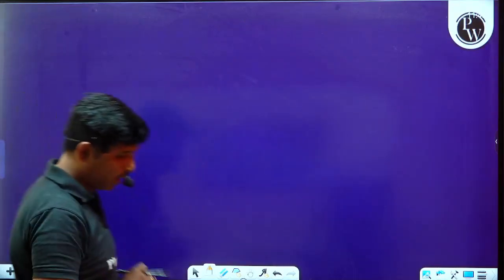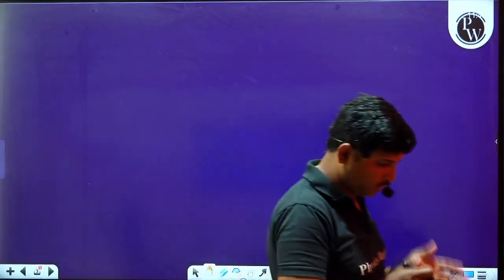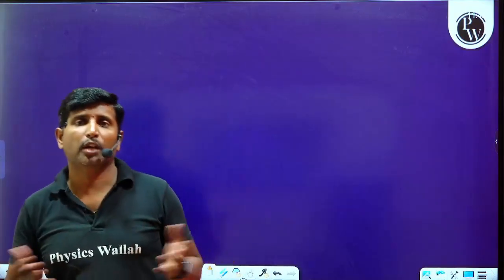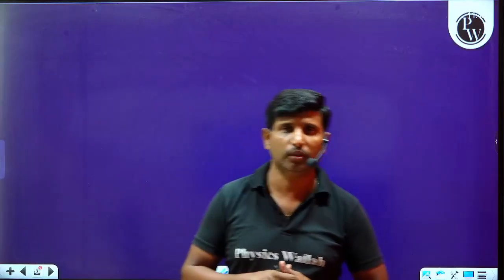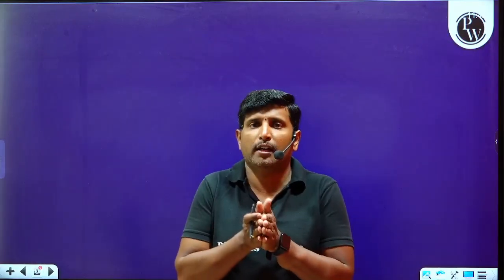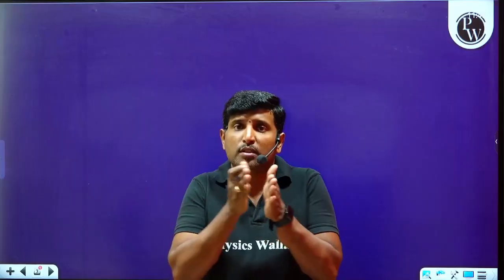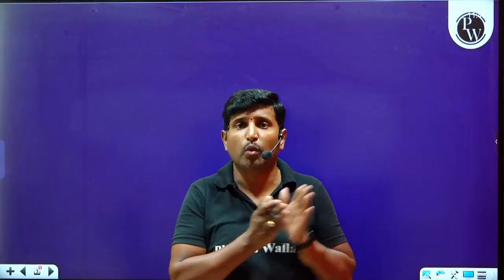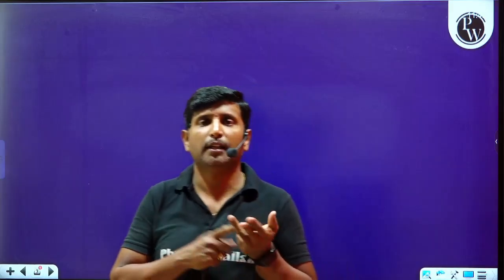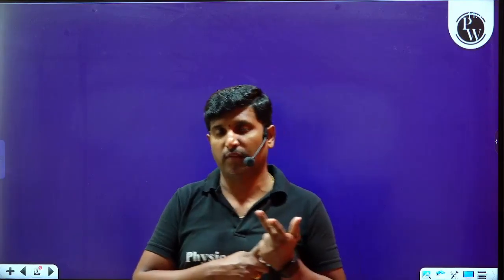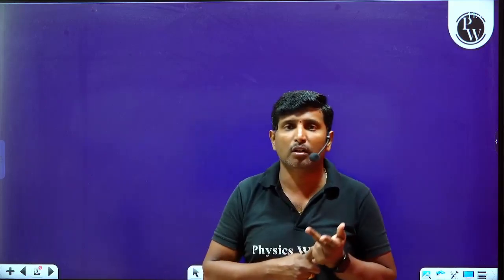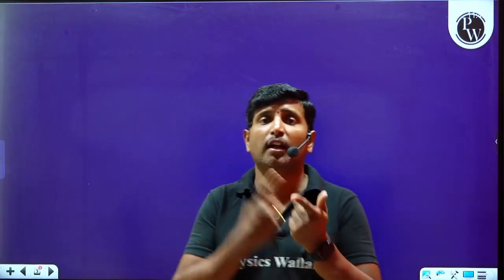One thing we have to be clear on: how can we learn this chapter, ray optics and optical instruments? Usually it is a little bit lengthy chapter. So we have to divide it into subtopics: reflection by the mirror, refraction through a plane surface, and refraction through a curved surface.